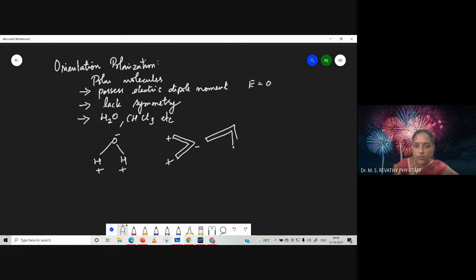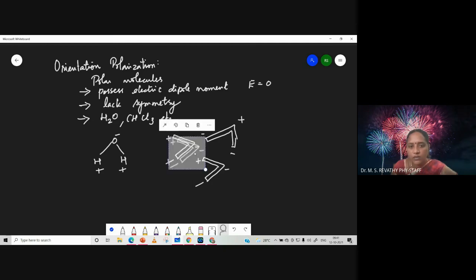Likewise, I can put some random orientations. So I can put in a similar way several molecules in random directions. Okay, this is in the absence of the external electric field.